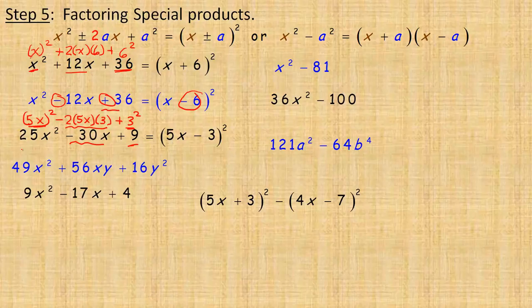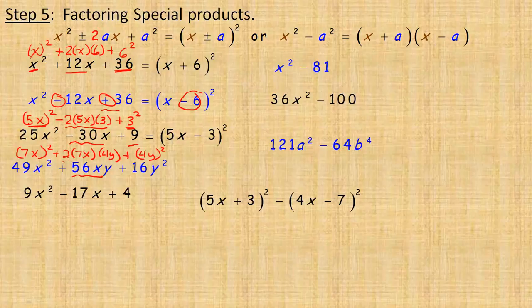The next one, a little bit bigger, see it's a 7x that's squared at the beginning, and it's a 4y that's squared at the end. And see in the middle, again, the plus here, so put a plus. And so if this 56 is 2 times the 7x times this 4y, then this is a perfect square trinomial.